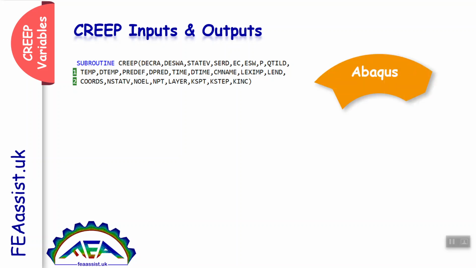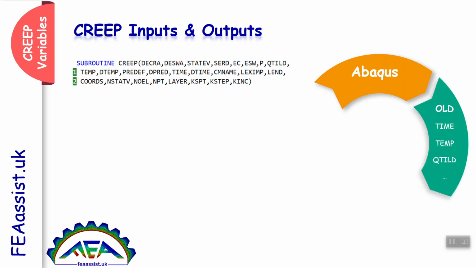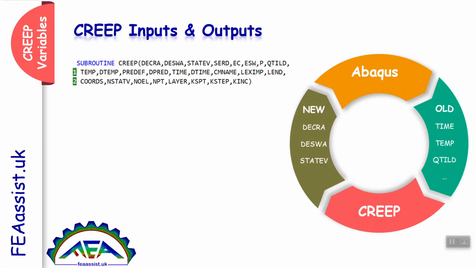Indeed, Abaqus transfers the variables, which are time, temperature, and deviatoric stress, into the creep subroutine. In creep, we need to define the creep strains or swelling strains and the state variables, and return them back to Abaqus.